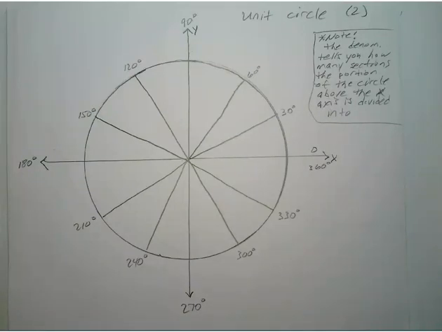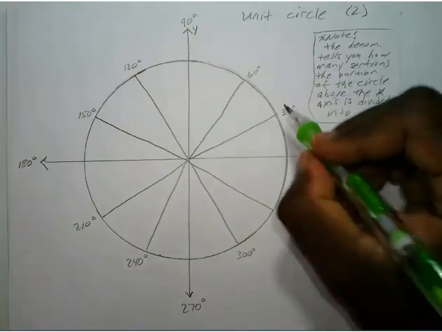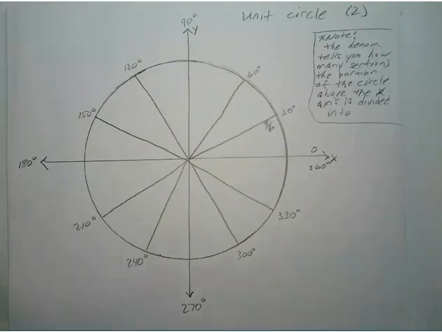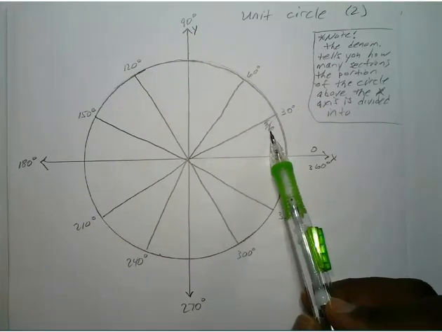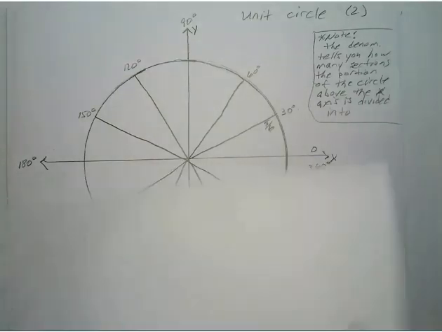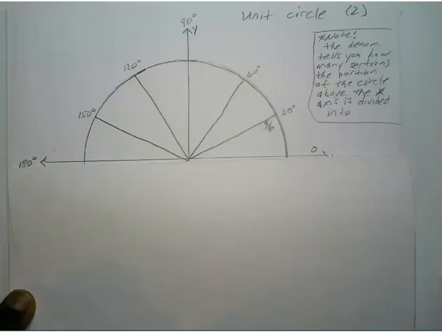What I mean by that is this. We know that 30 degrees is pi over 6. That denominator will tell you exactly how many sections above the x-axis it's divided into.